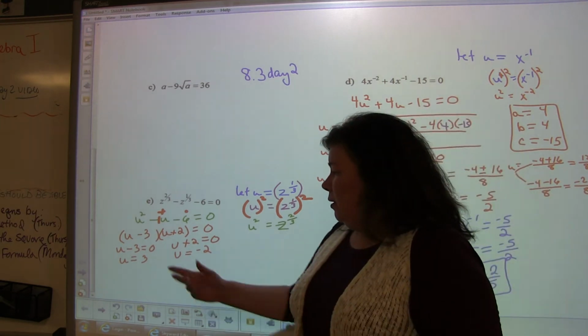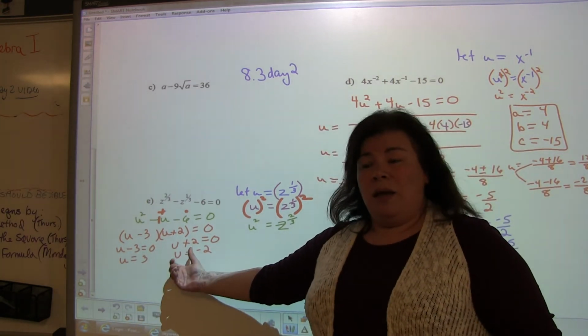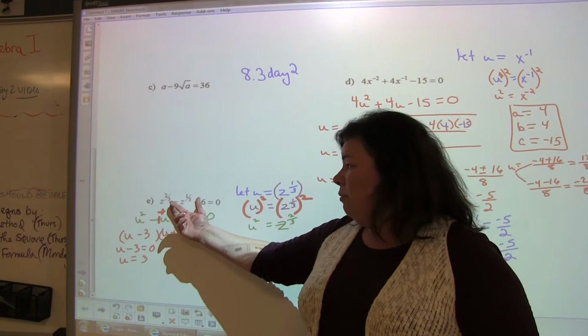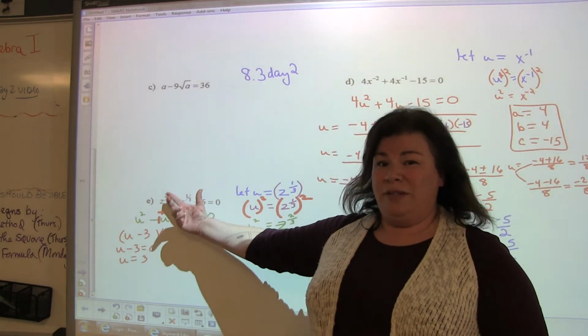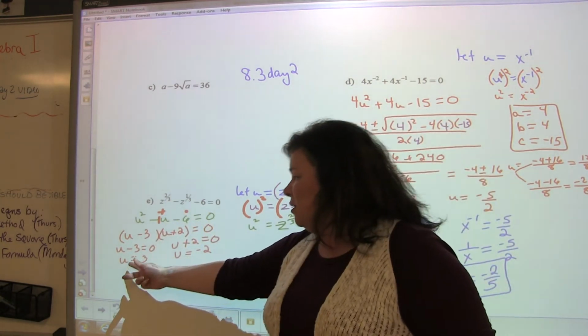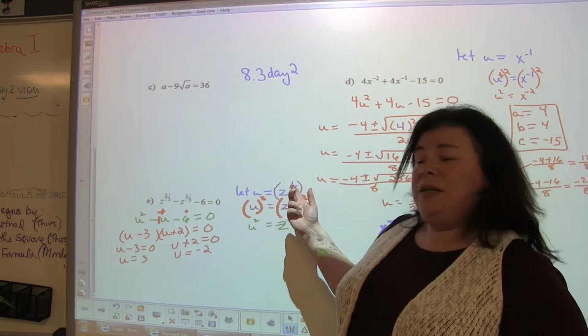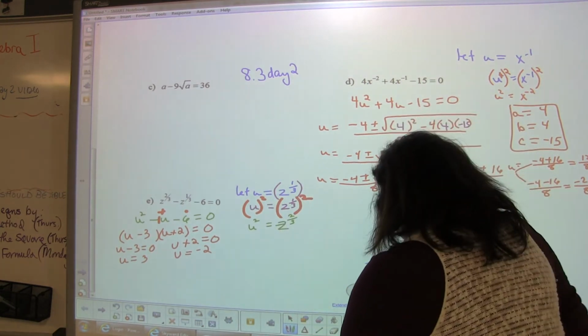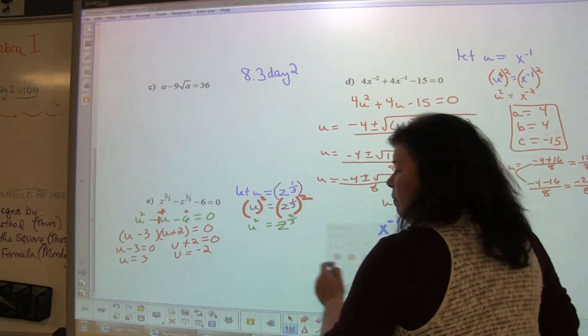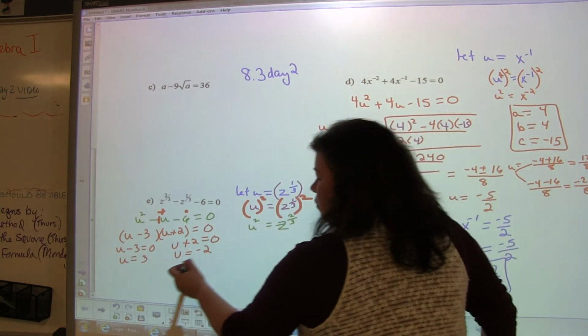Now remember, this is all nice, but we're really not done, because in our original problem we're actually solving for z. So we have to go back and substitute in what u equaled. And u equaled z to the 1/3 power. So we're going to simply replace our u back with our z to the 1/3.